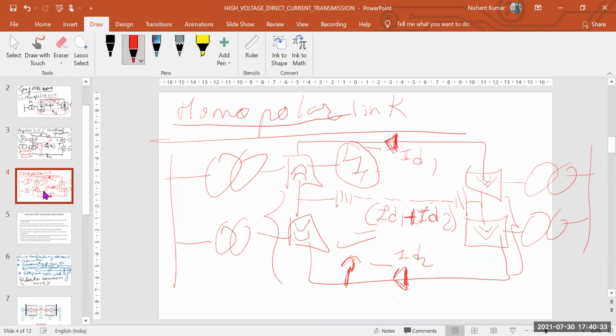One of the advantages of the negative conductors used in this is that corona loss is low, and another important advantage of negative polarity is that the radio interference due to the negative line is very less in comparison to the other. So we'll end over here.